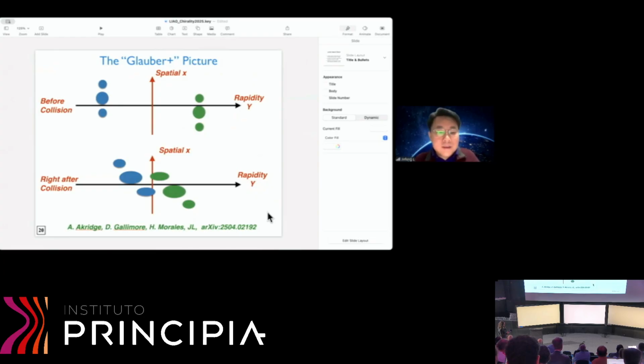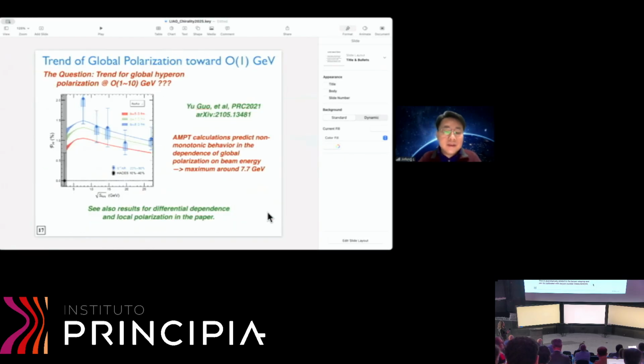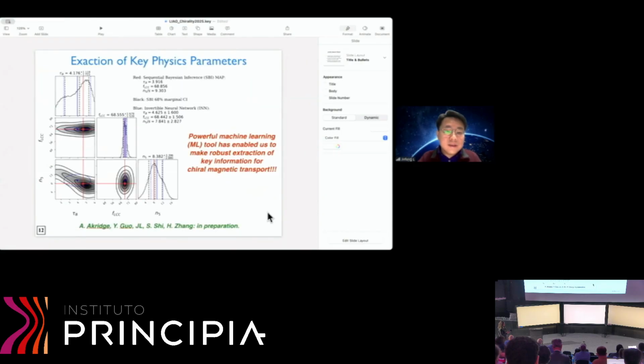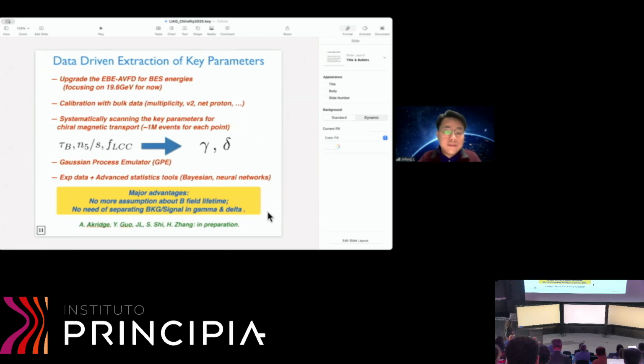You're talking about this angular momentum? No. For CME, at the very beginning, you gave this one. You have the second and third parameters, N5 and FLCC, which describe the chiral magnetic effect and your background.